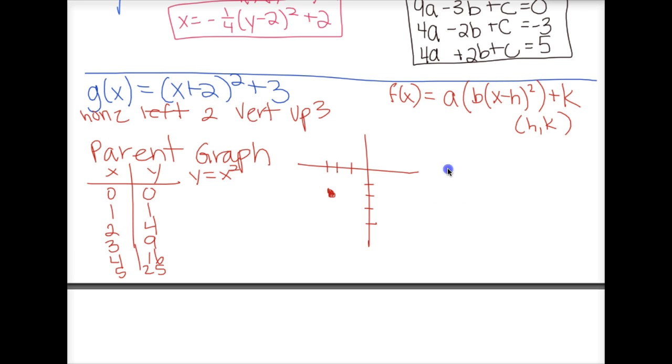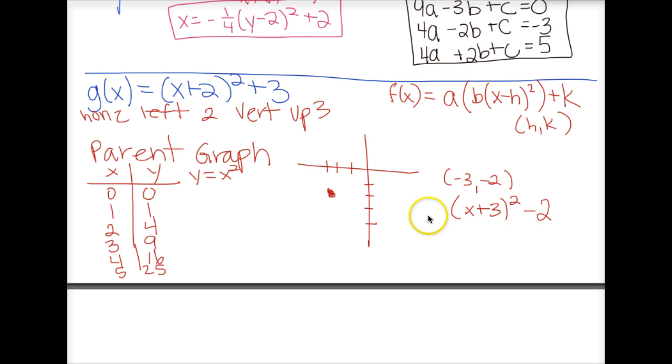So if the vertex is at -3, -2, that's telling you the values of h and k. Remember that we changed the sign for the h when we put it in the equation. So when I'm looking up here, I'm going to do x plus 3 squared. The k keeps its sign, so I'm going to do a -2 for the y-coordinate of the vertex.